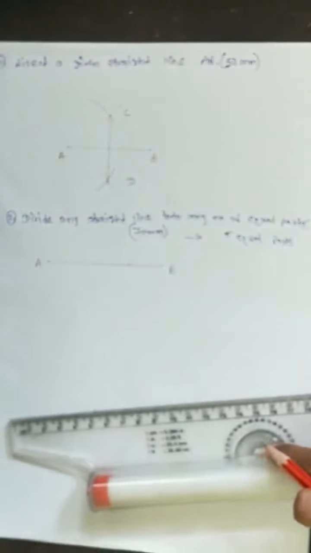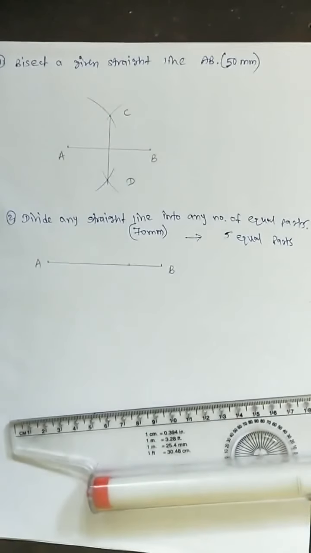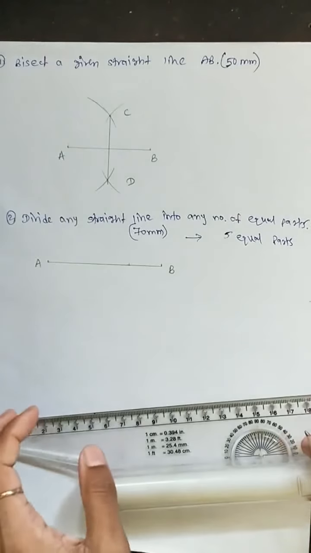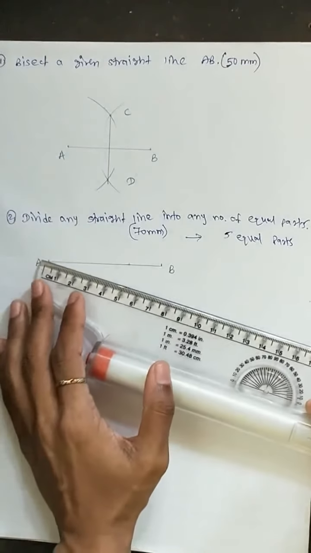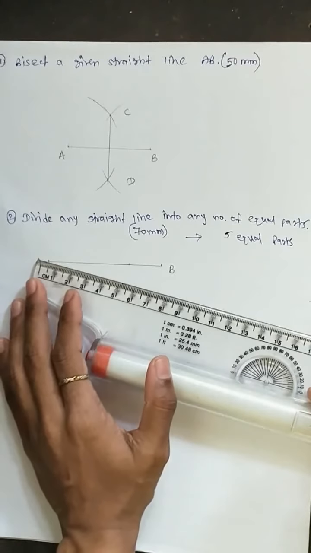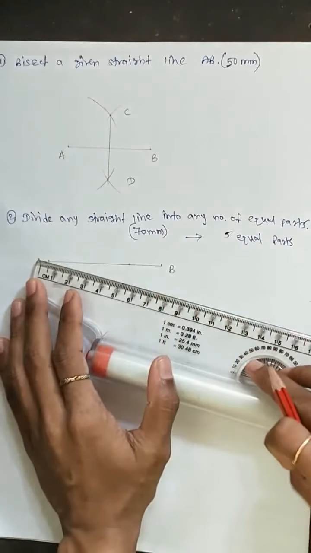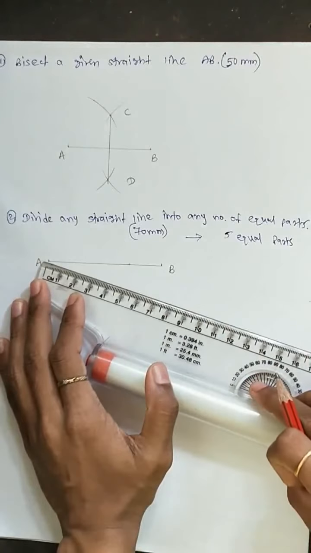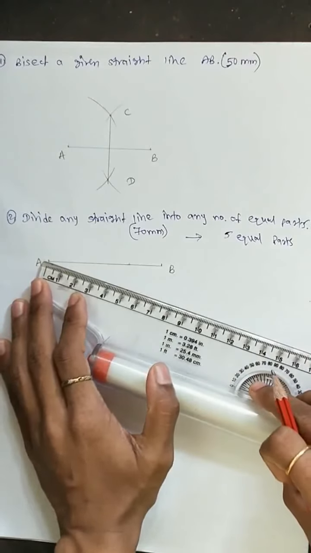But if distance is 70 mm, then it is not very simple to divide into 5 parts. So for this, use this simple method.